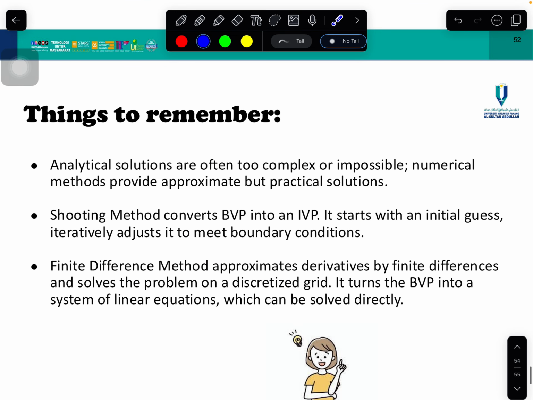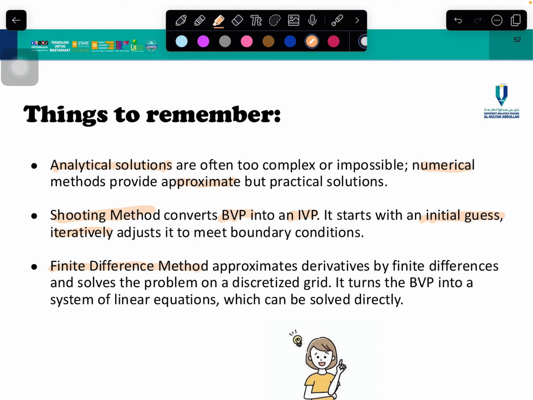So things to remember: analytical solutions are often too complex or impossible, so numerical methods provide approximate but practical solution. For shooting method, it converts boundary value problem into an initial value problem. It starts with an initial guess, iteratively adjusts it to meet the boundary condition.